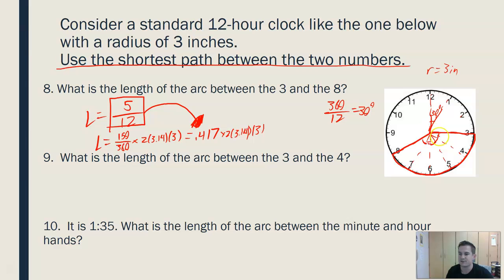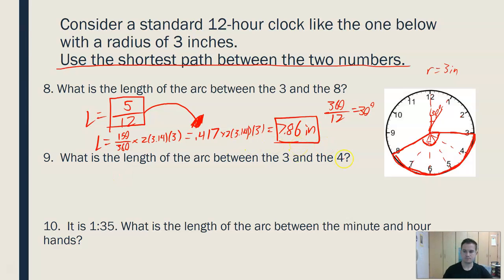In this case, the fraction was 5 out of 12 total sections around the circle. That's what I'm going to use for the rest of these problems. So 0.417 times 2 times 3.14 times 3 is 7.86 inches. So the distance from here to here on my little clock is 7.86 inches.